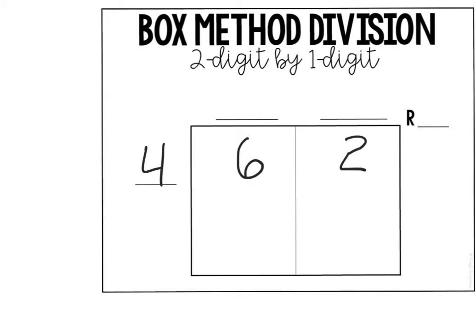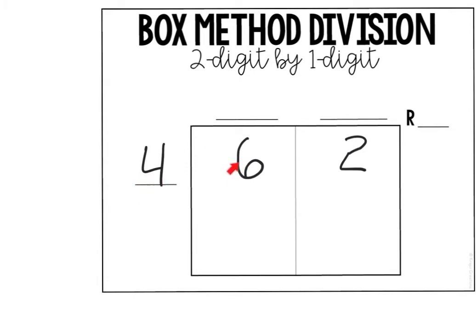Okay, so first I would say, what is 6 divided by 4? Uh-oh, I can't do that. I can't do 6 divided by 4, can I? So instead, I need to put a number up here that's basically saying how many 4s can I fit into 6?